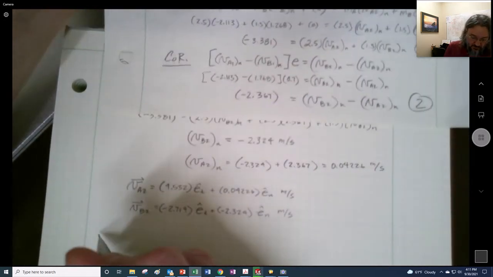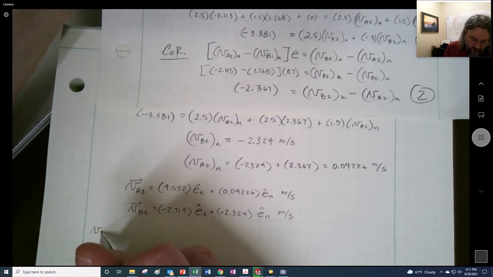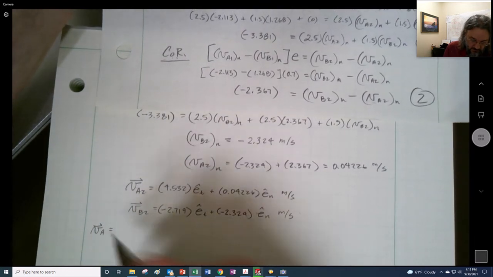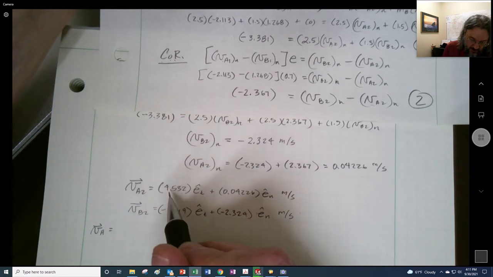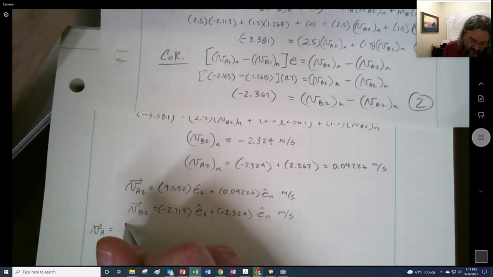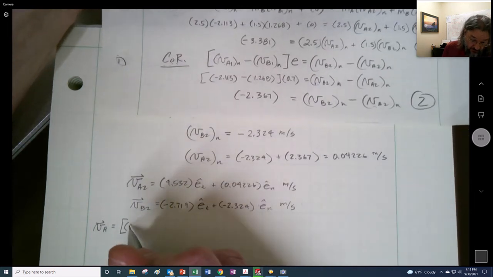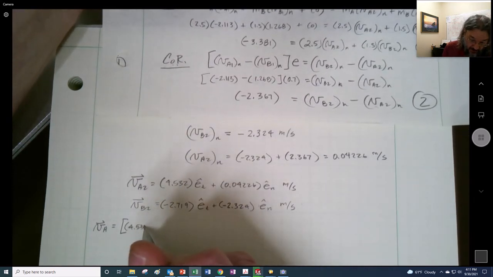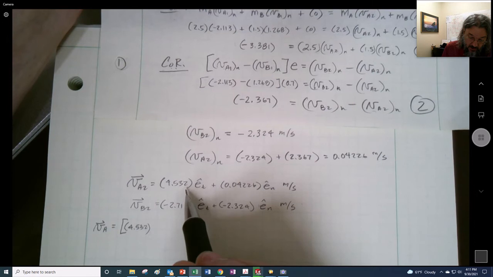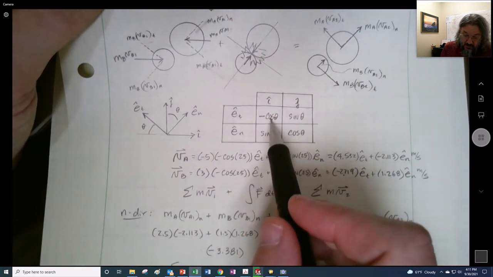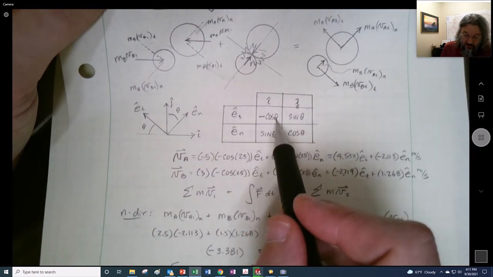Right? So it's a little bit of work, but you shouldn't be afraid of that. We're going to take this ET, I'll put it in brackets, 4.532, and that's going to be ET, and we want to get I, so it's going to be a negative cosine of 25.